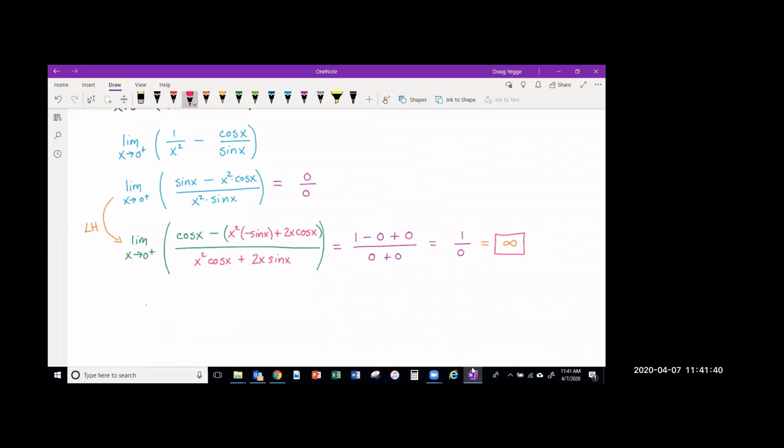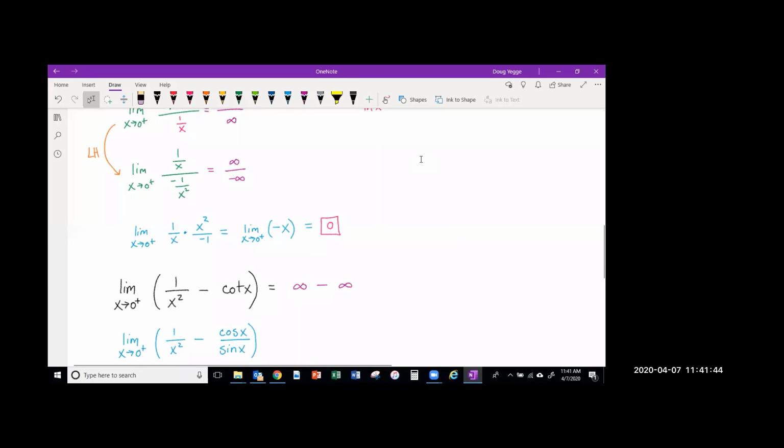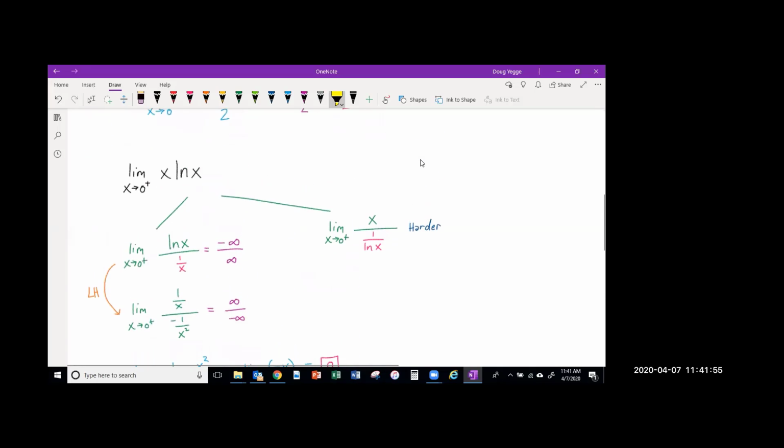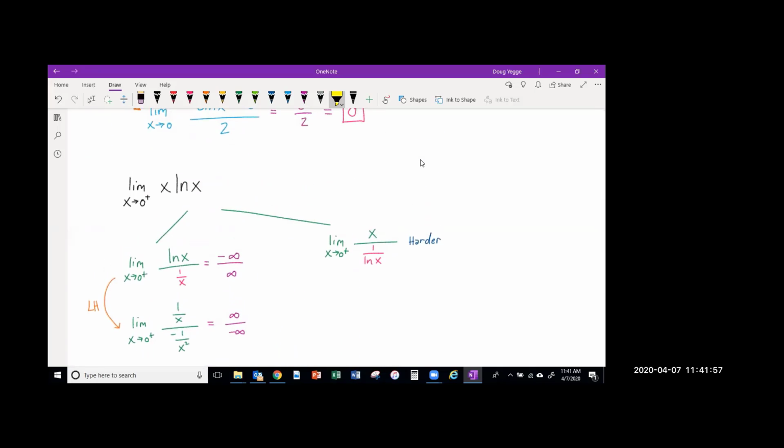So we've dealt with all of these different examples of indeterminate forms. I'll go back and highlight what we did. We did an indeterminate form of infinity minus infinity. We did an indeterminate form of, shame on me, I didn't show this one. This right here is going to be 0 times infinity.